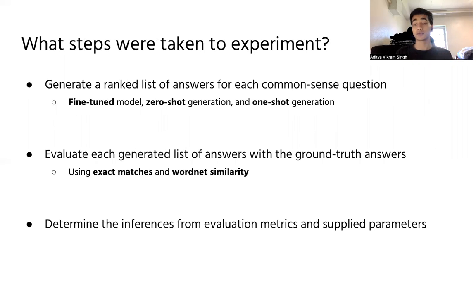Some of the steps we took to experiment was generating a ranked list of answers for each common sense question. And to achieve that, we tried 3 different models. We tried the fine-tuned model, which is basically a model that has some specific information about the data set, in this case, the Family Feud data set.